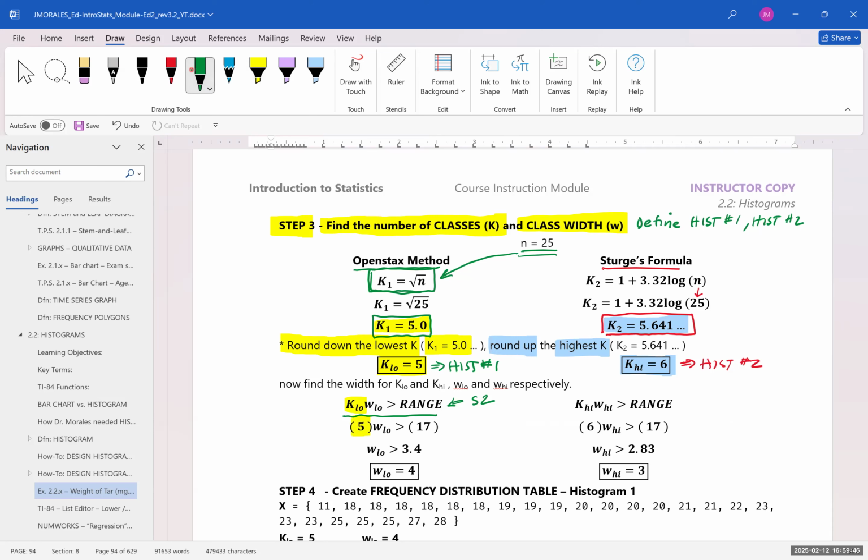So now this becomes an algebraic inequality where we can just divide both sides by 5. And now the width of the low number of classes needs to be greater than 3.4. 3.4 is 17 divided by 5.